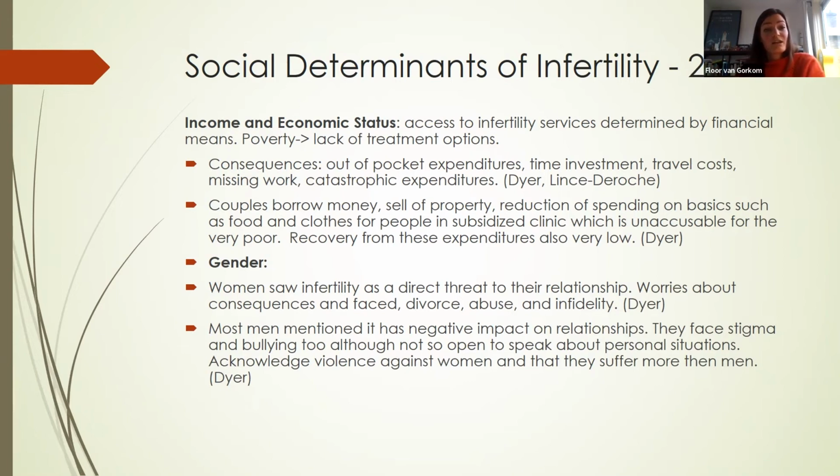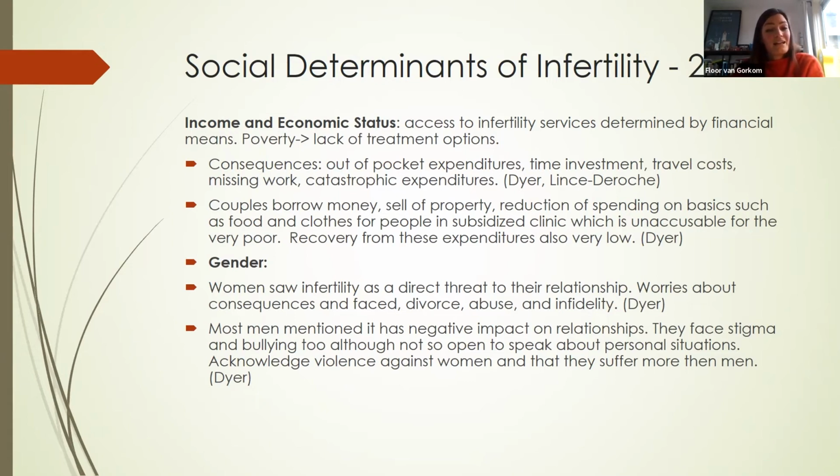Another factor to look at is gender. Women see infertility as a very big threat to their relationship. They are worried about the consequences. They're worried about divorce. They face abuse and infidelity from their partners.